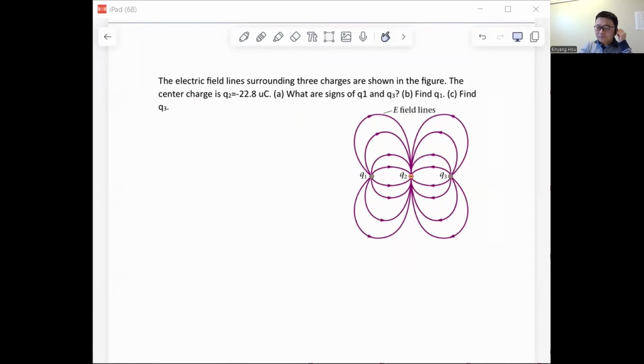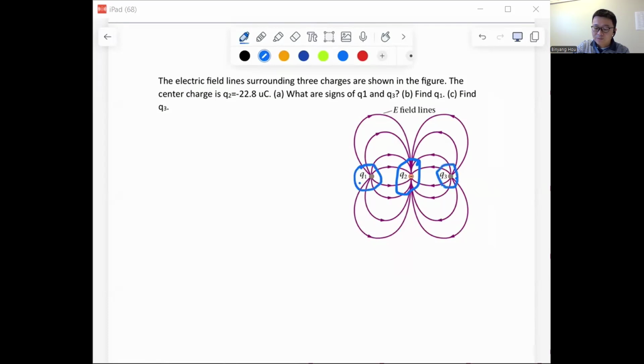If we look at the charges here, Q2 is negative, so electric field lines are going into Q2. And for Q3 and Q1, you see electric field lines coming out from them, right?